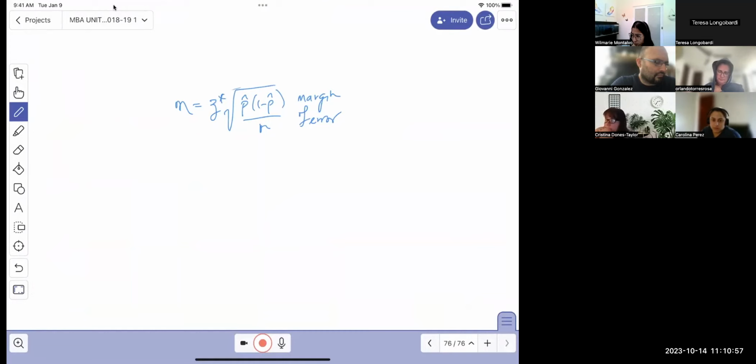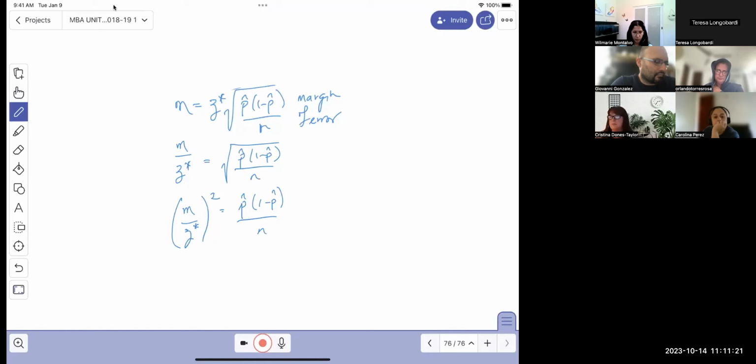so isolating for N means I go M over Z star and then I square both sides. Okay, let's see if you catch up with me. And now when I need to solve for N, I want to isolate for N and then say the other ones are given, then I have to cross multiply.